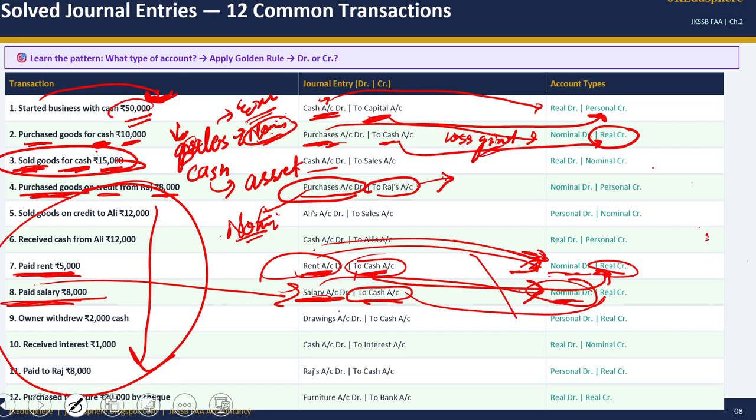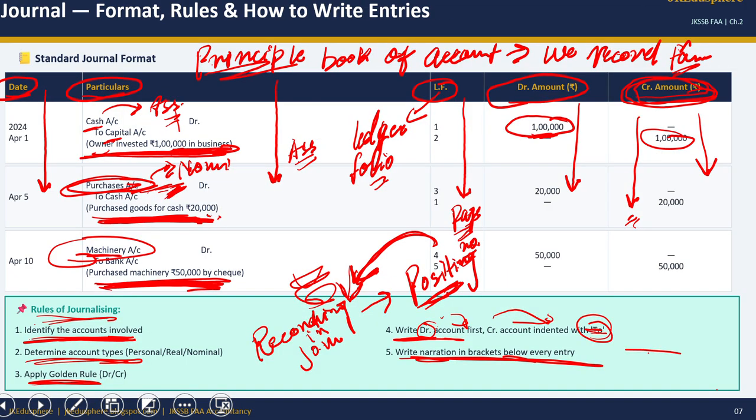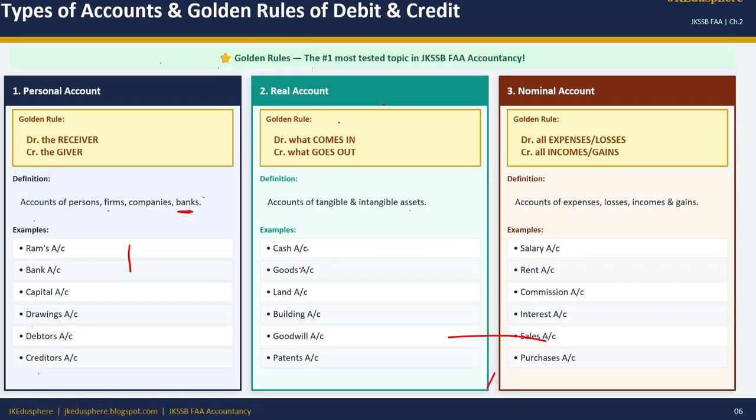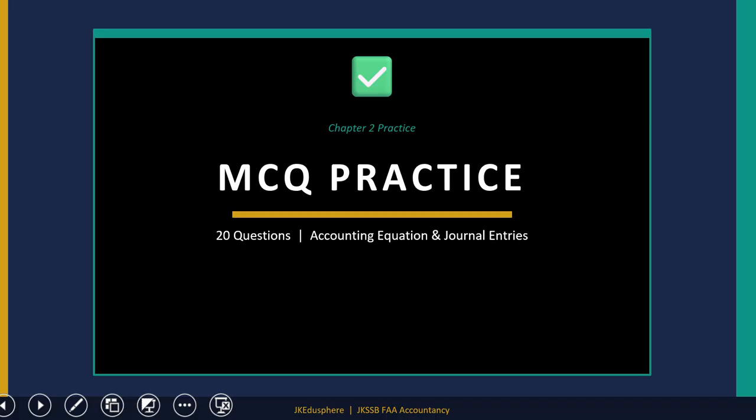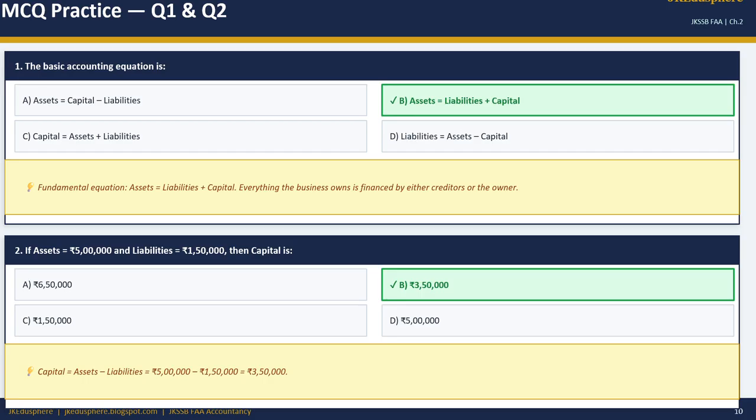What we see in real account, assets. What we see in nominal account, expense, losses, gains. What we see in personal account, person, firm, banks. So this is done. So let's do some MCQ practices.